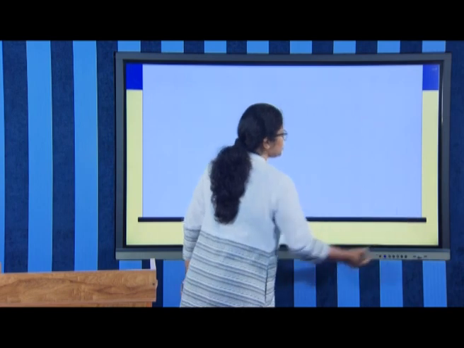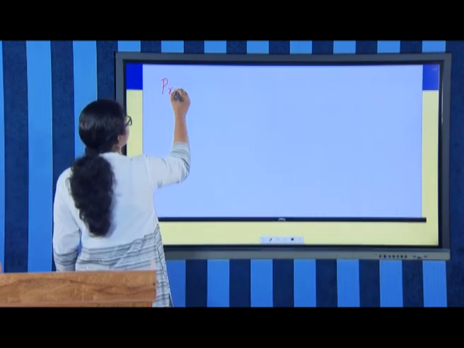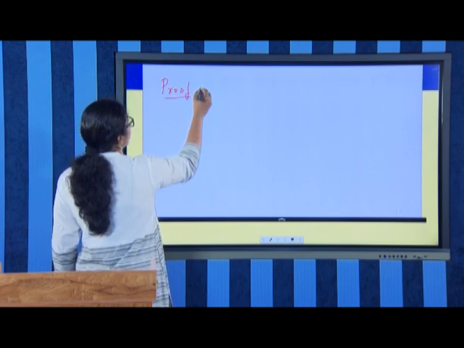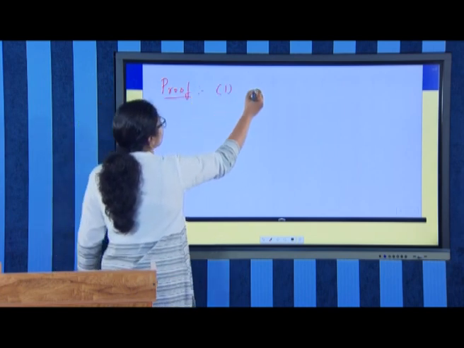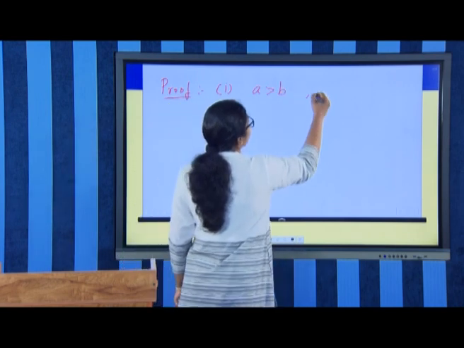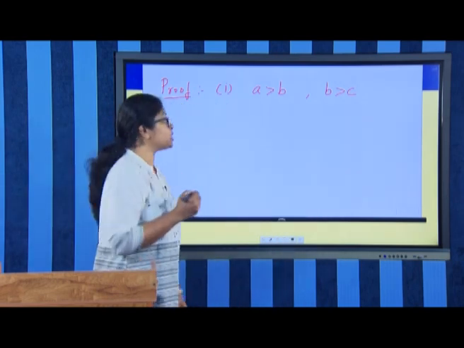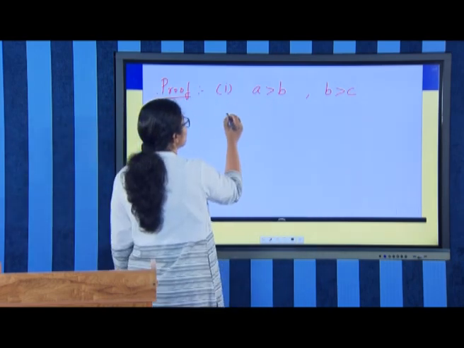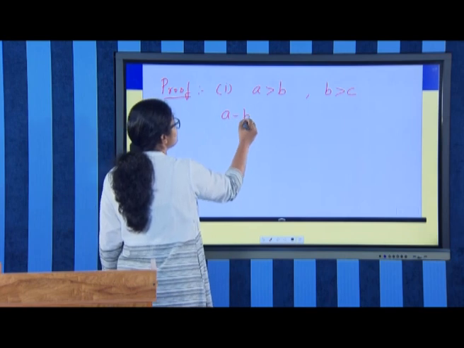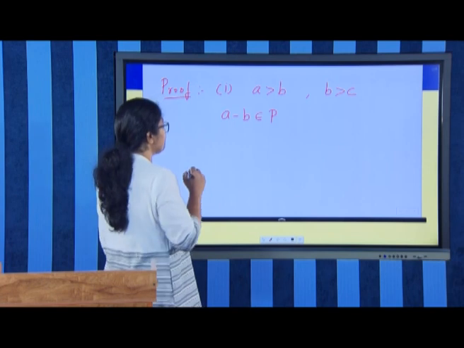The first condition was, we were given, proof of the first condition. We are given A is greater than B and B is greater than C. So, we have seen the notation A is greater than B is same as A minus B belongs to the set of all positive real numbers.